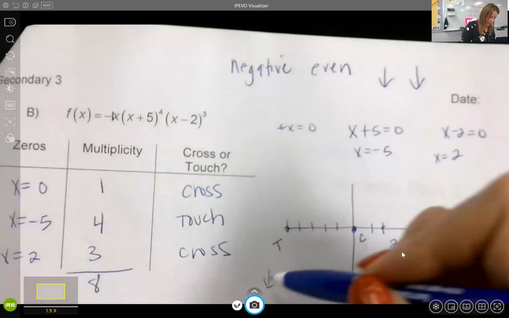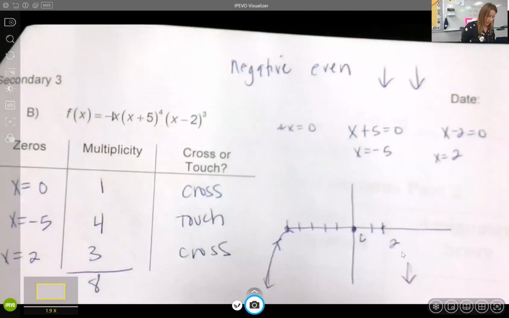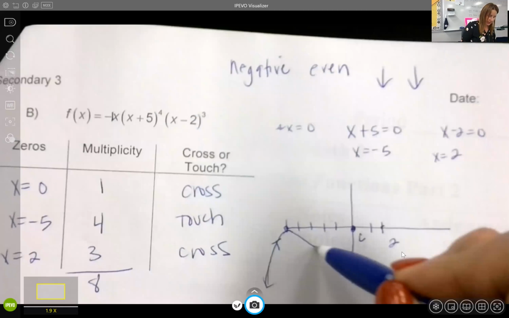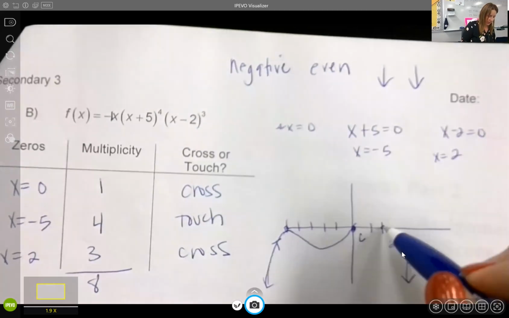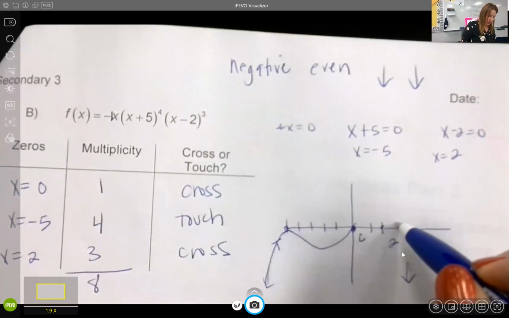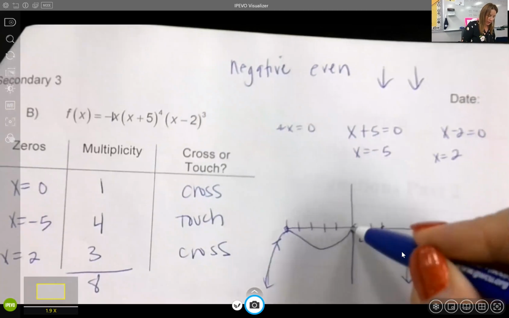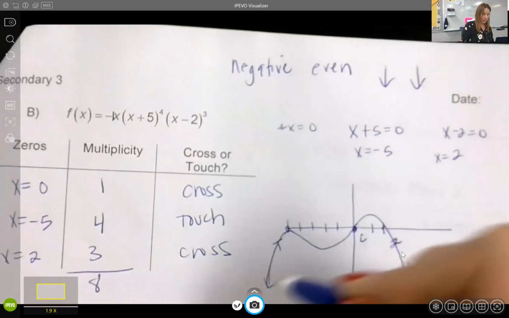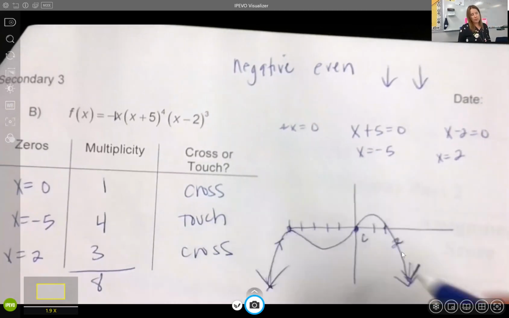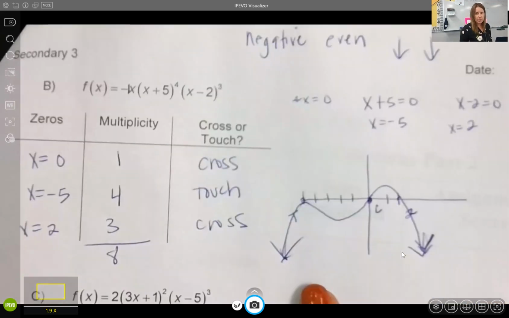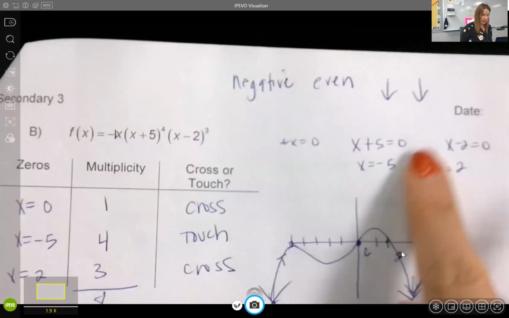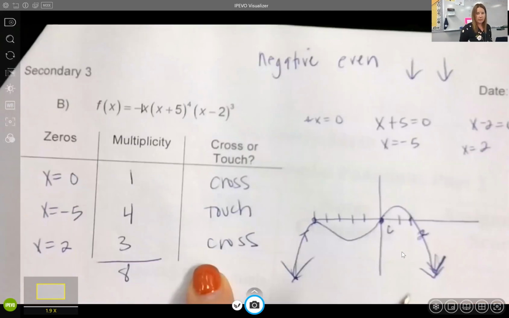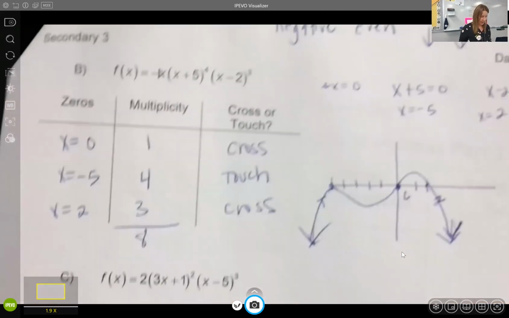So this is going to come up and touch, and it's going to cross, and I wrote 2 here instead of cross. So it's going to come up, and it's going to cross, and then come back down. So we've got our 2 legs going down, just like we figured out up here, and then we figured out where exactly the x's were.